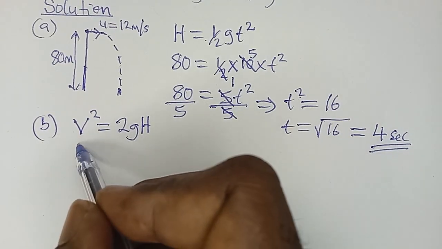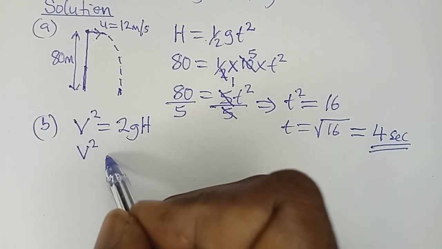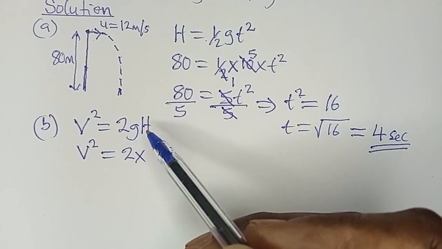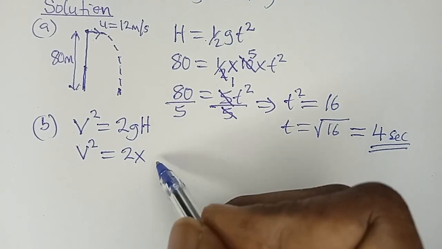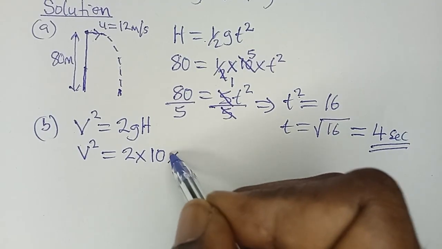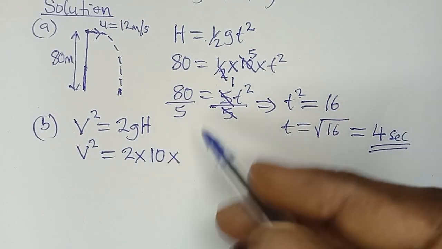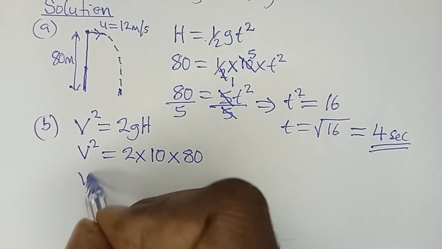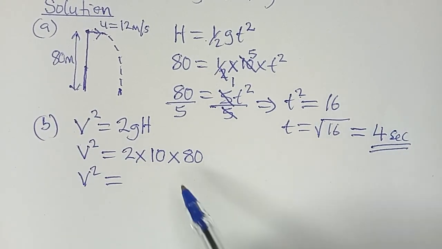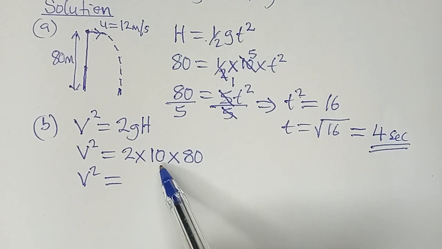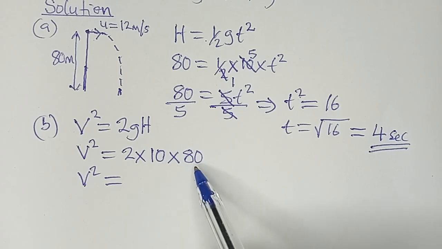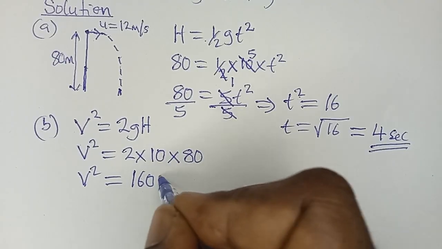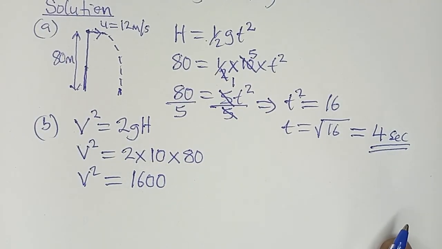So v squared is equal to 2 multiplied by g, which is 10, multiplied by the height, which is 80. That gives v squared equals 2 times 10, which is 20, and 20 multiplied by 80 gives 1600.